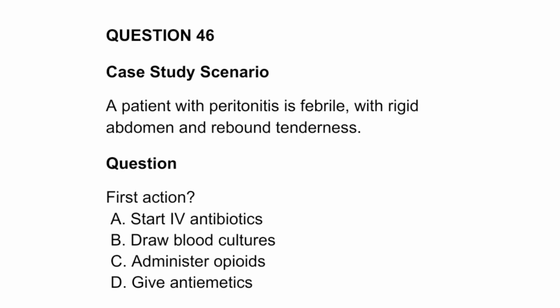Question 46. Case study scenario. A patient with peritonitis is febrile with rigid abdomen and rebound tenderness. Question: first action. A. Start IV antibiotics. B. Draw blood cultures. C. Administer opioids.